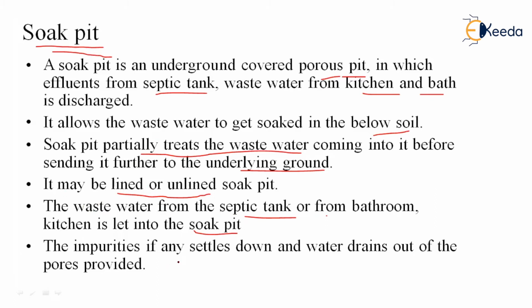The impurities, if any, settle down and water drains out of the pores provided. Lining is done so that the wastewater percolates from the sides, from the pores provided, and any material there will settle down.